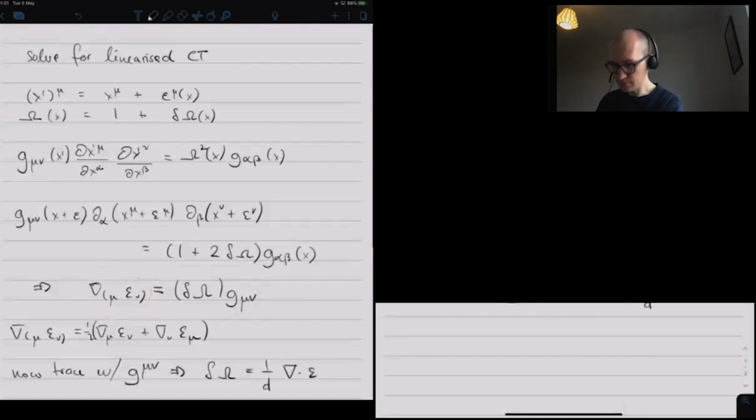Okay, and so now I plug that back in here. And I get the actual equation that people would call the conformal Killing equation. So this is d mu epsilon nu symmetrized is equal to 1 over the number of dimensions, g mu nu times the divergence of epsilon.